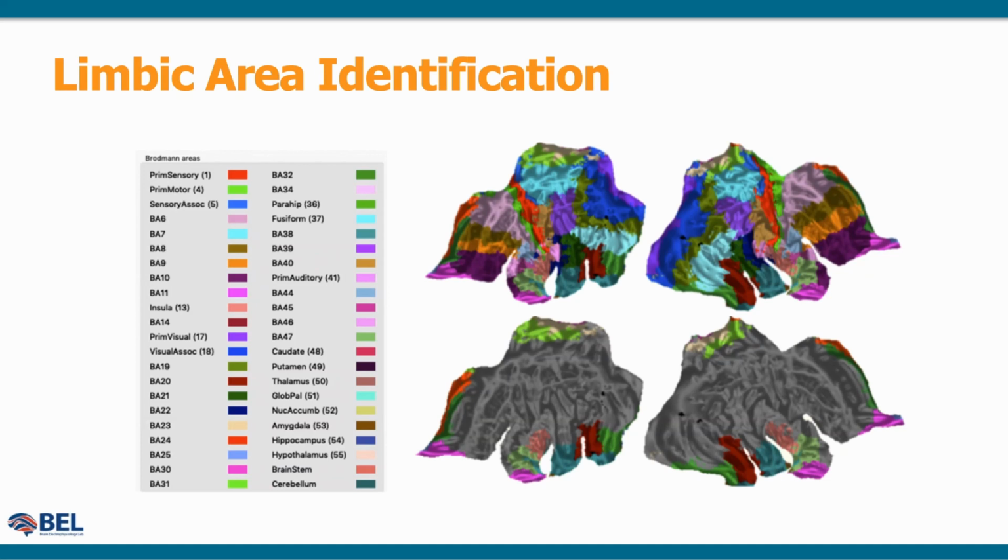The figure at the bottom right is a flat map, or a two-dimensional view of the cortical surface that's flattened out, so you can see the left and right hemispheres and see into all the crevices. The different colors correspond to different limbic areas. So these are what we're calling our targets or our regions of interest.